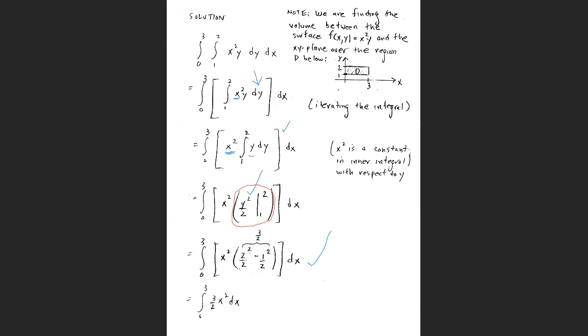You just put in the 2 and the 1. There you go. And you'll get 3/2. And so you end up with the integral from 0 to 3 of 3/2 x squared dx.